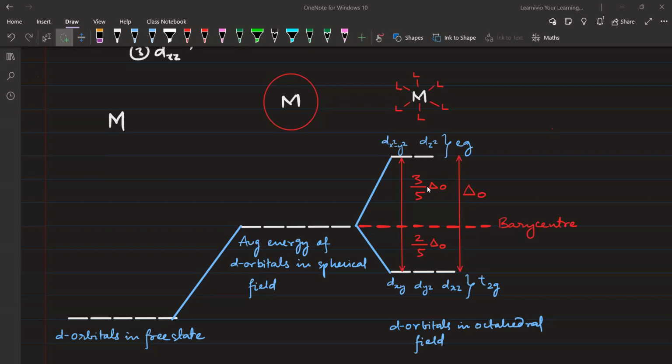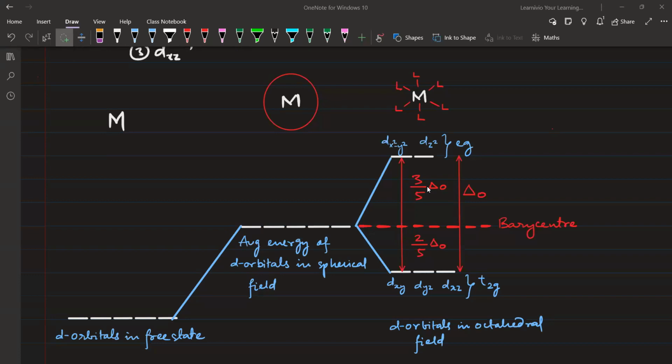What does it mean by lower repulsion? Okay. So the answer for this question is that energy can neither be created nor destroyed. So whatever the average increase in energy was there initially when the ligands were approaching in a spherically symmetrical field, at that time there was an increase in energy.